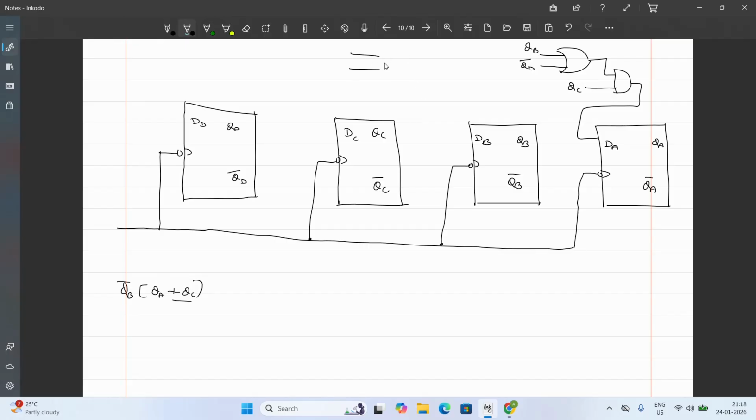So first you have to take QA plus QC with an OR gate. Output of this is given as input to an AND gate, and this output goes to DB. OR gate inputs are QA and QC, and for the AND gate the other input will be QB bar. Okay, this is the circuit you have for DB.